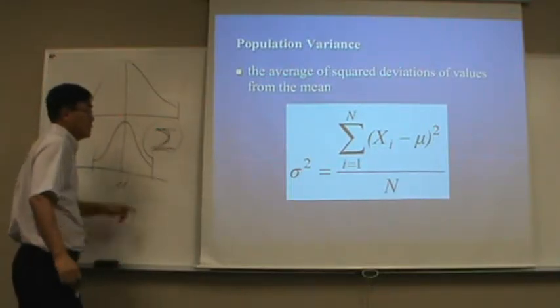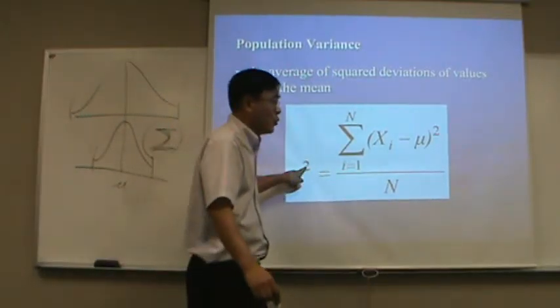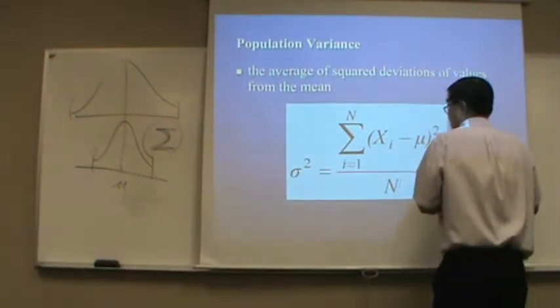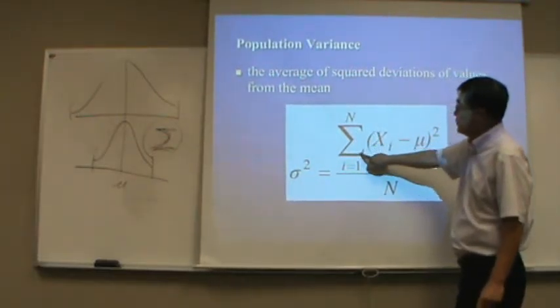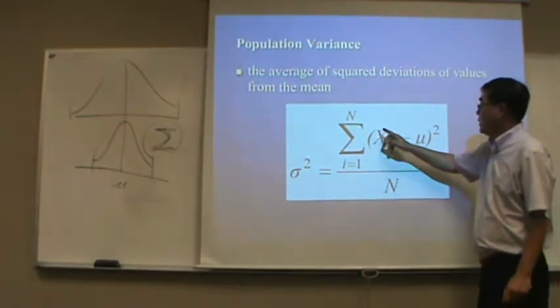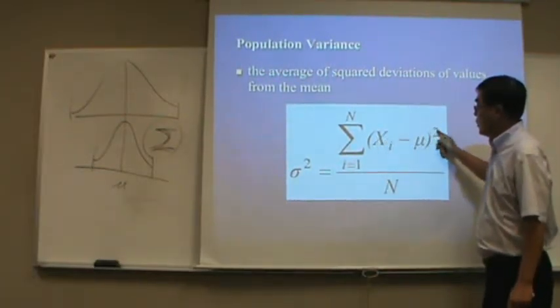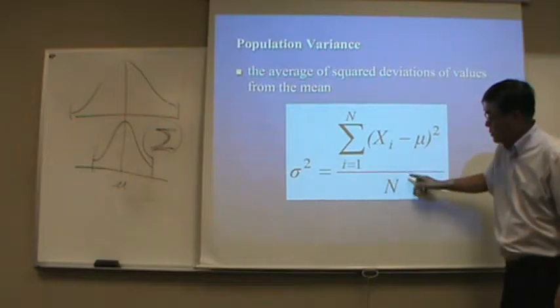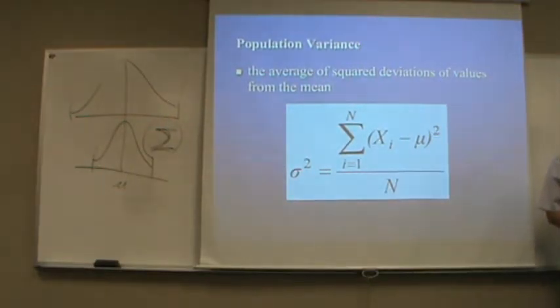That is sigma, this is uppercase, lower case. Sigma squared. Sum of each number minus the mean, squared, and then add all of them, divided by the population size. That is population variance.